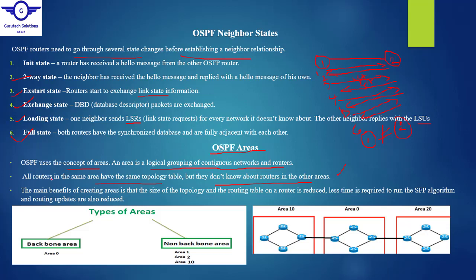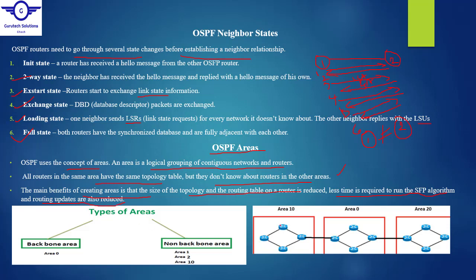Very simple. So the main benefit of creating areas is that the size of the topology and routing table is reduced. Less time is required to run the SPF algorithm, and routing updates are also reduced.